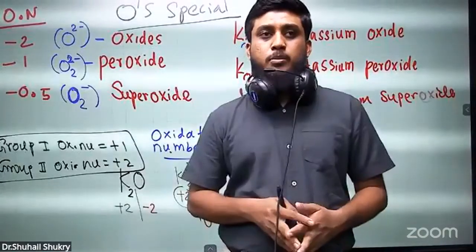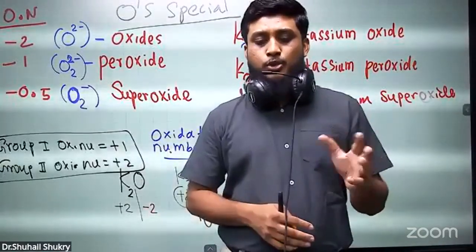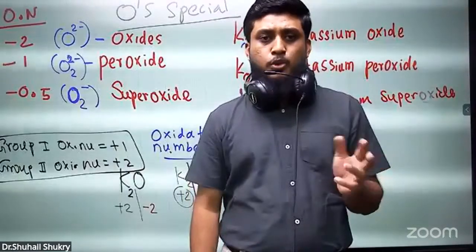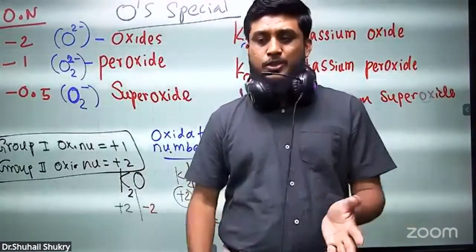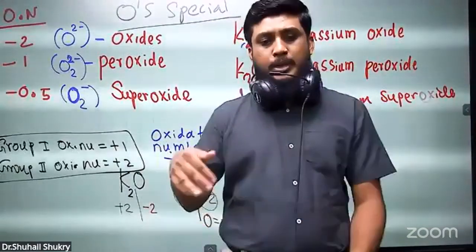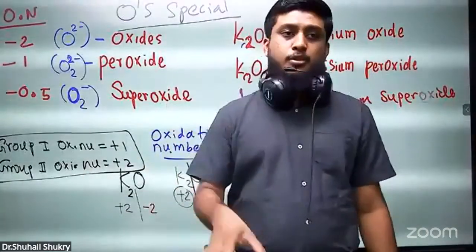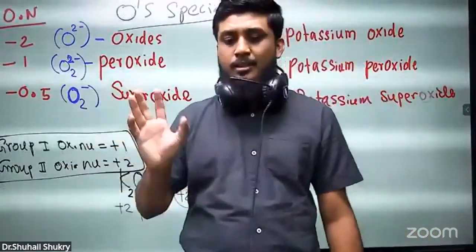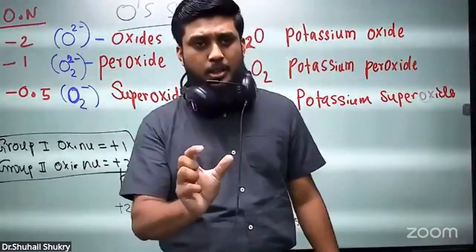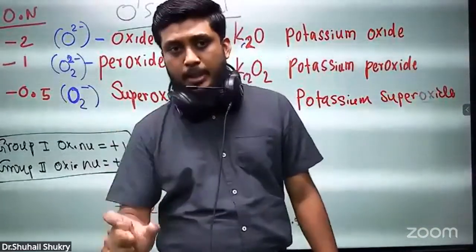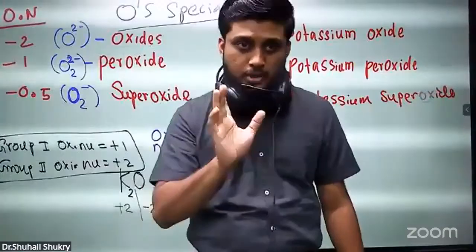Remember, this is a very important point. I'm not going to tell who can make superoxide and who can make peroxide, because I don't want to elaborate this. But in unit 6, you will learn everything in detail. At the moment, just remember that only S block elements can make superoxides and peroxides.